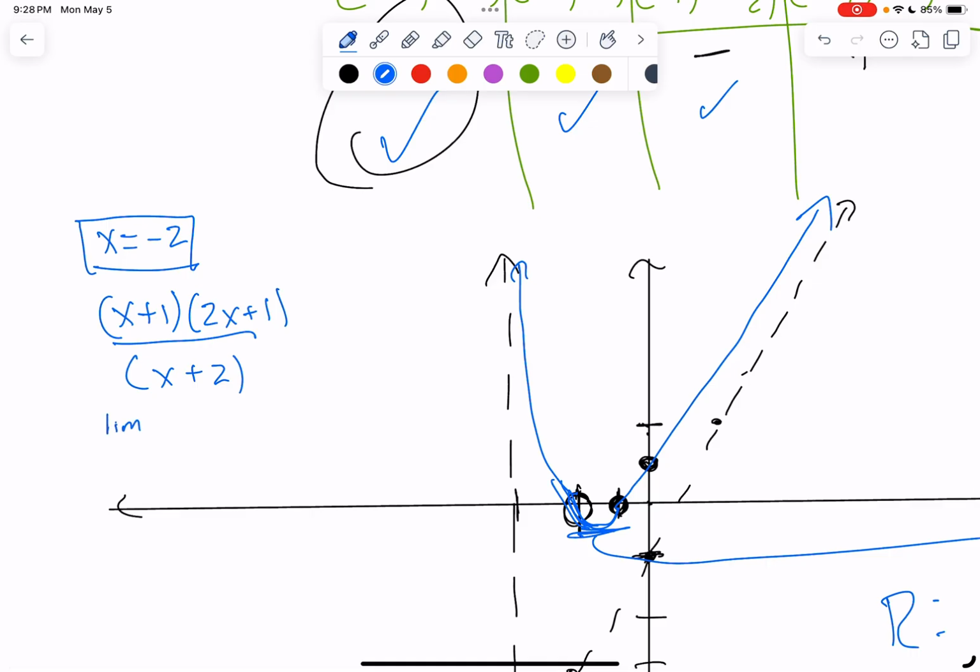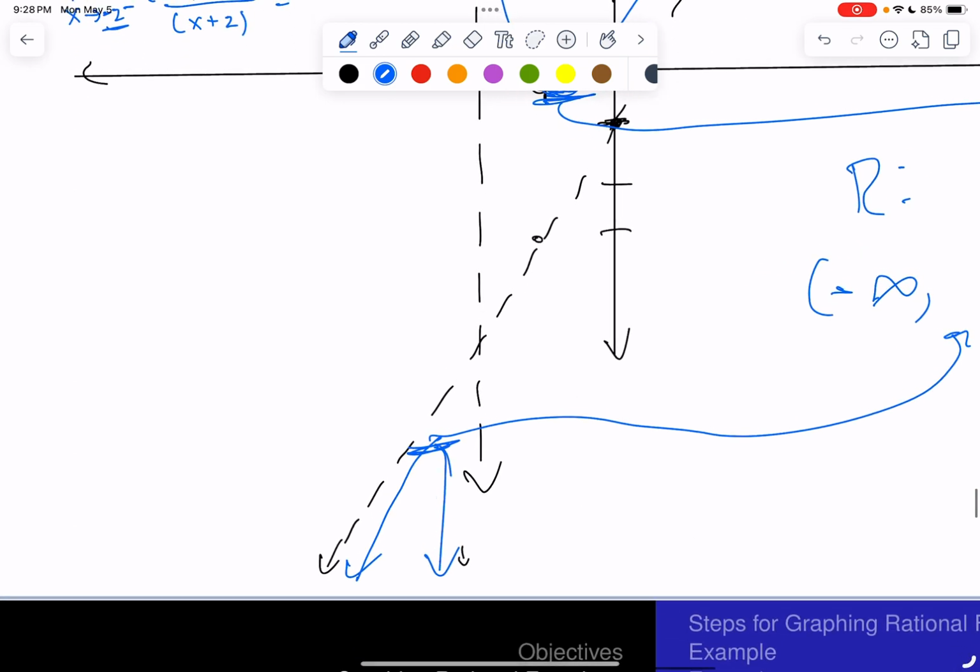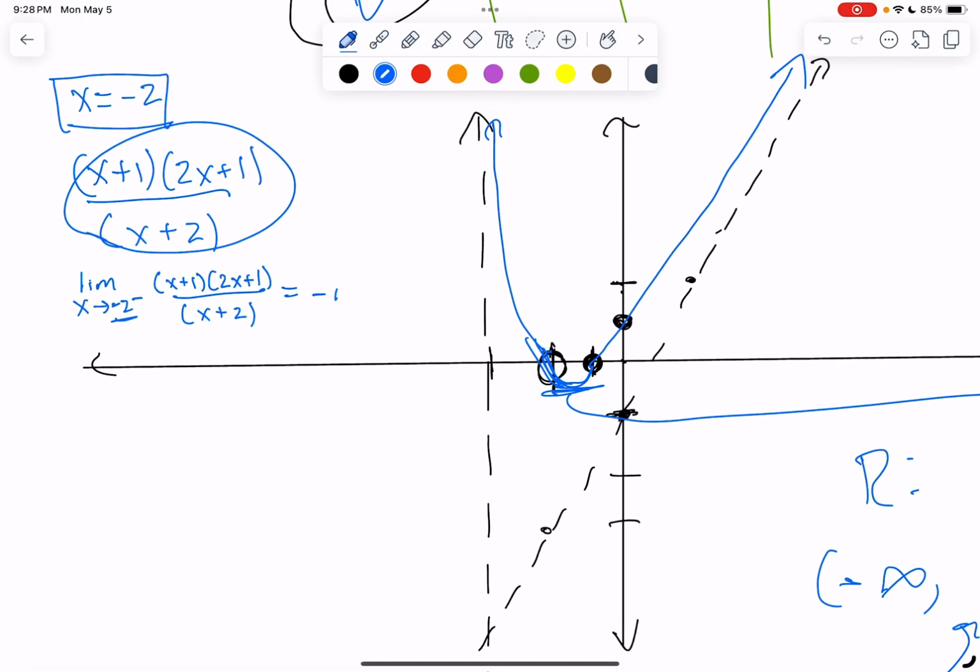The limit as x approaches -2 from the left of x plus 1 times 2x plus 1 over x plus 2, we know that it's going down to negative infinity. And the limit as x approaches -2 from the right, we know we're going to positive infinity.